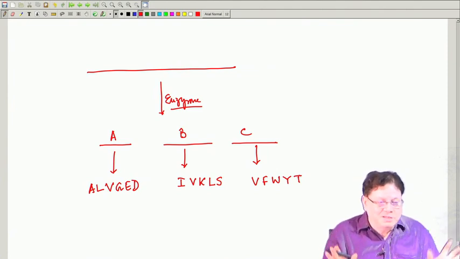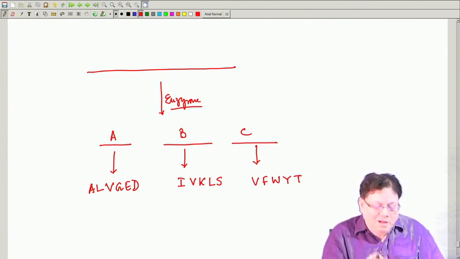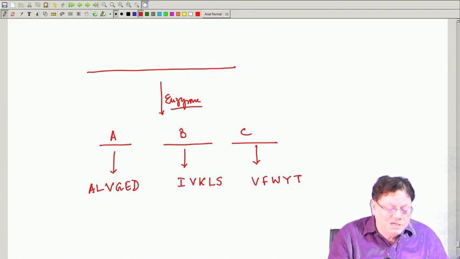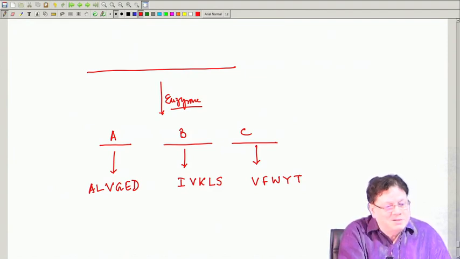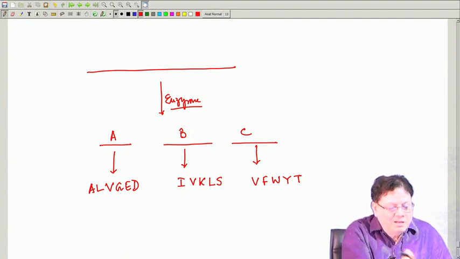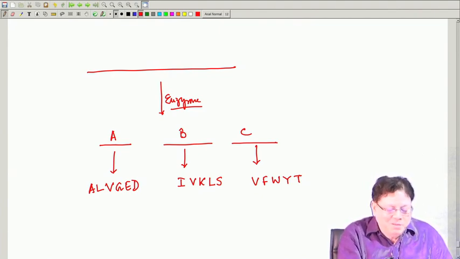So, these are the sequences from Edman degradation. Now, you have to join these 3, and then you should know the primary structure of the peptide.